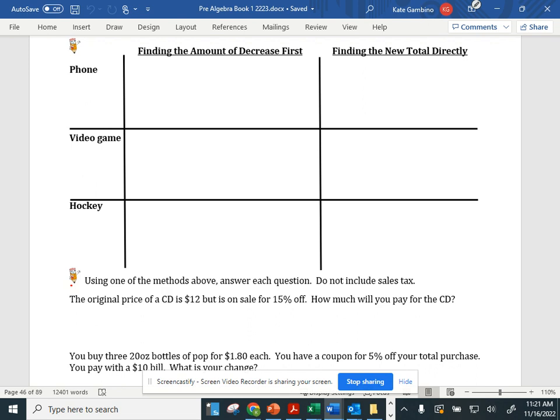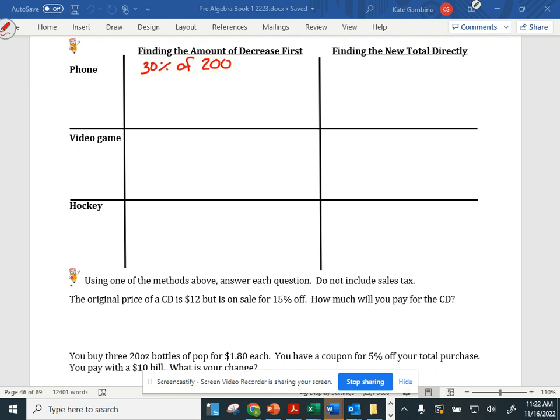We're going to go down. So it's almost the same, but instead of adding it, because we're not increasing, we're going to subtract it because we're decreasing.